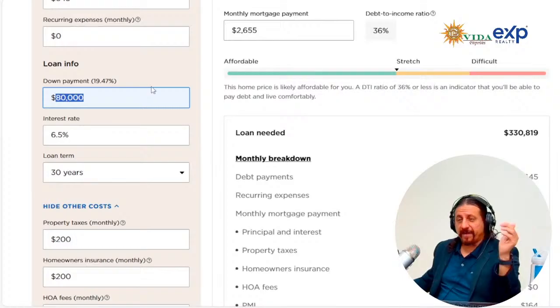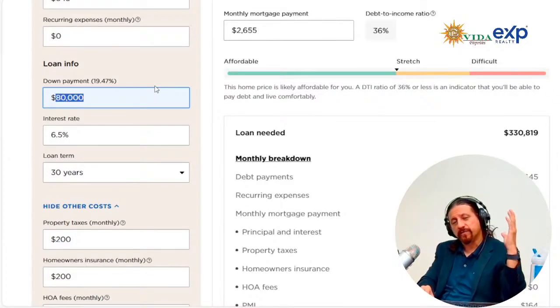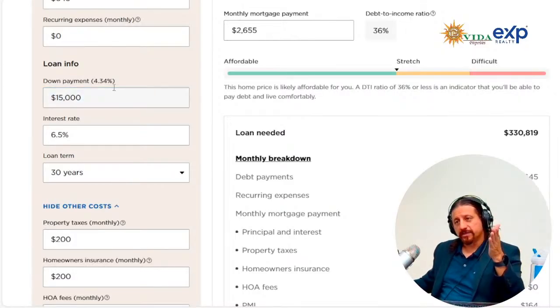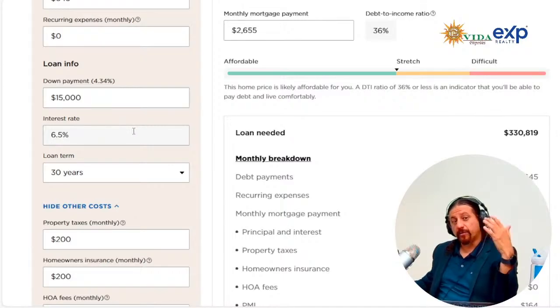The default that they have here is about 20% down, which again, yes, it is possible for somebody to have that, but especially first-time home buyers, I don't think so. So I'm going to go ahead and put $15,000 down, which is just over 4%. Remember, FHA, the minimum is 3.5. There are programs for 0% down, but of course, the more you have, the better.